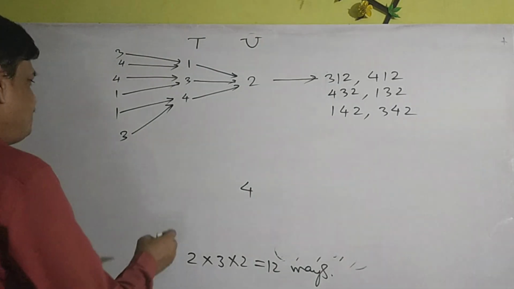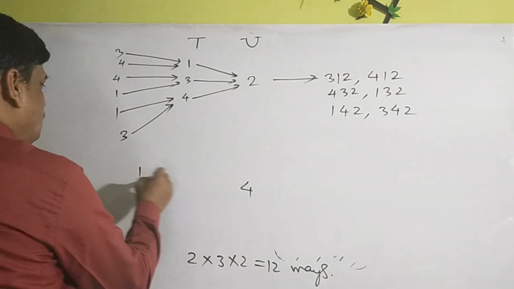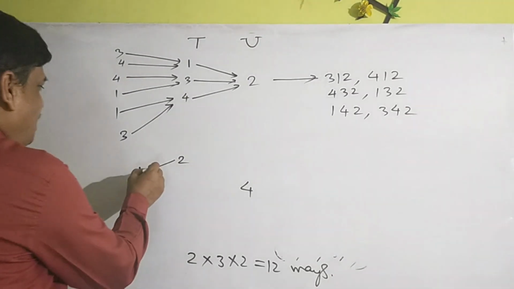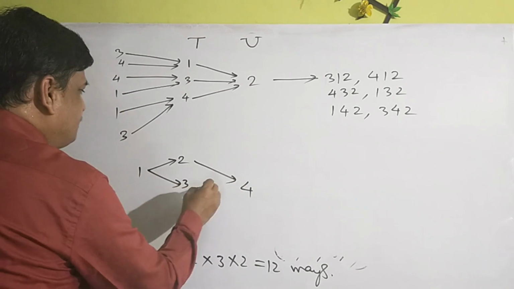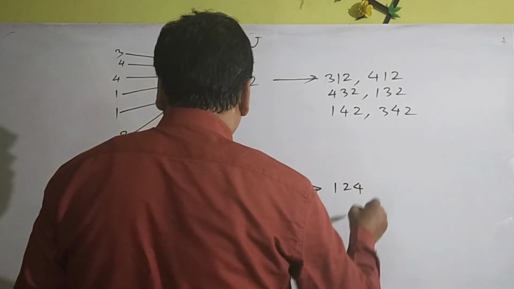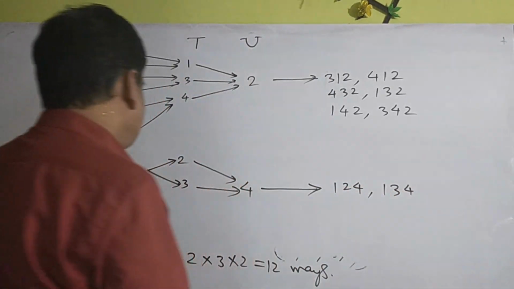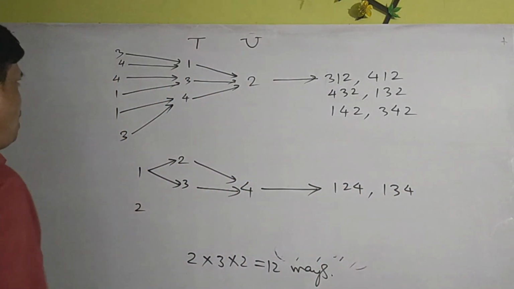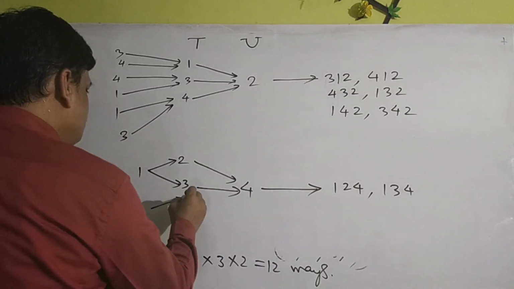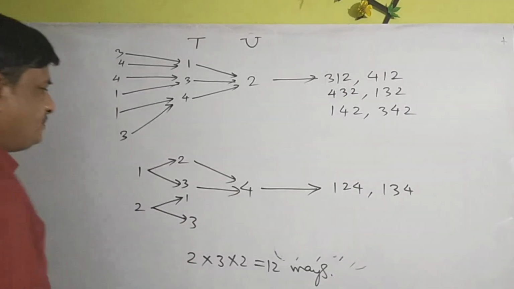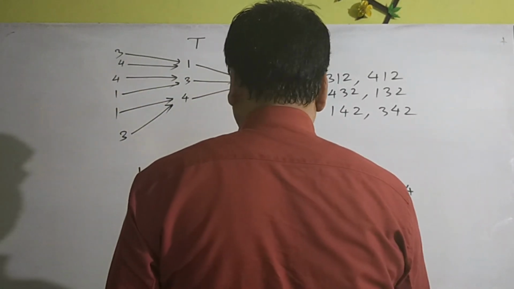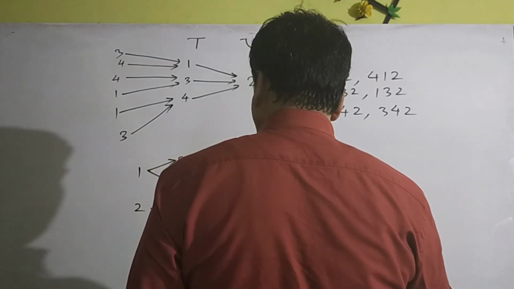by taking 1 at hundreds place, 2 at tens place, and also 3 at tens place, with the unit place 4, the numbers will be 124, 134, and also when we take 2 at hundreds place, the tens place can be 1 or 3, and unit place 4, then the number becomes 214, 234.